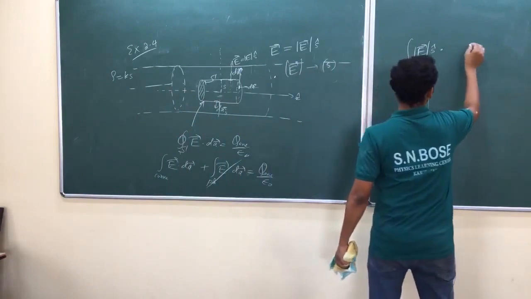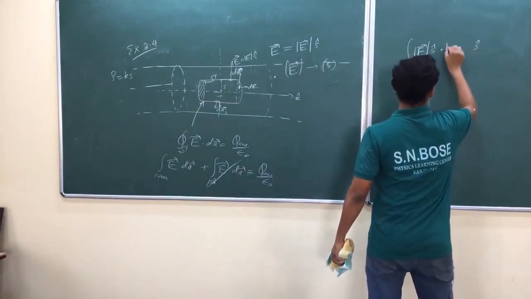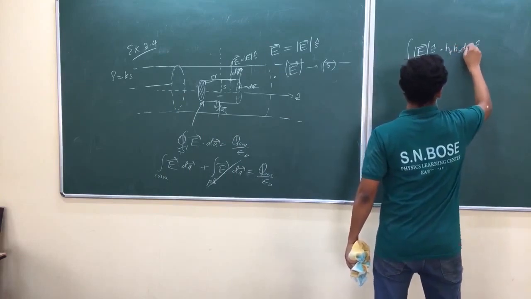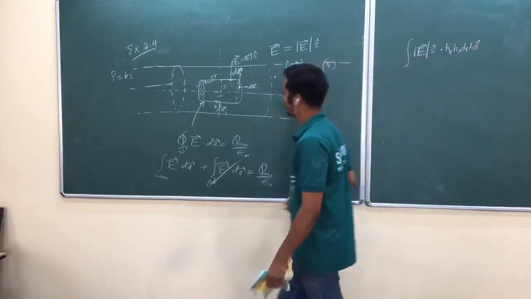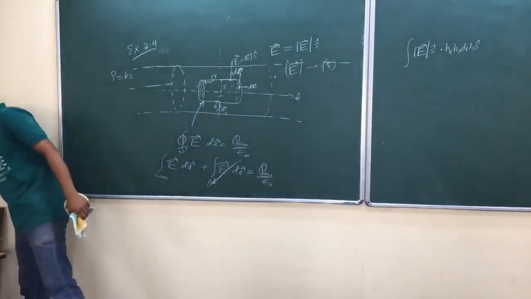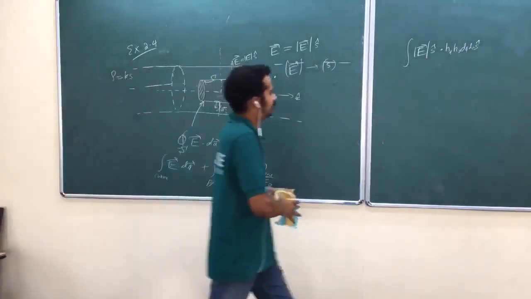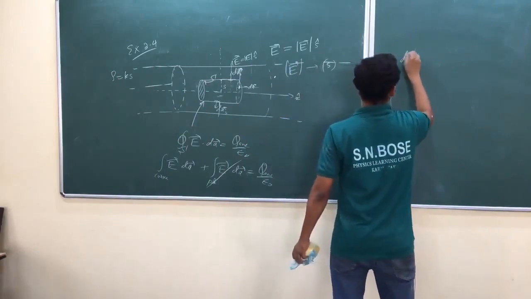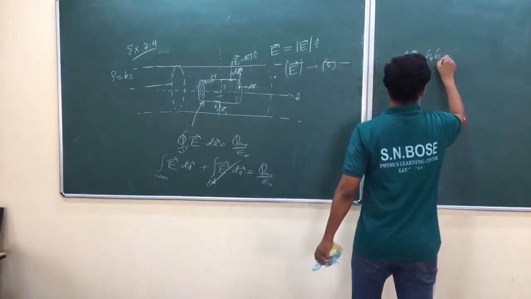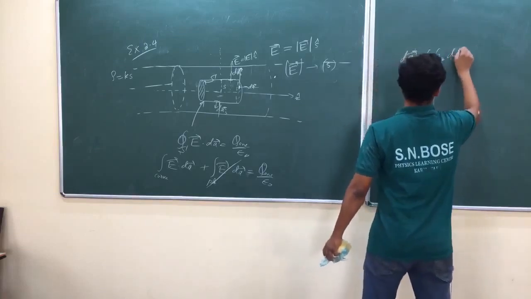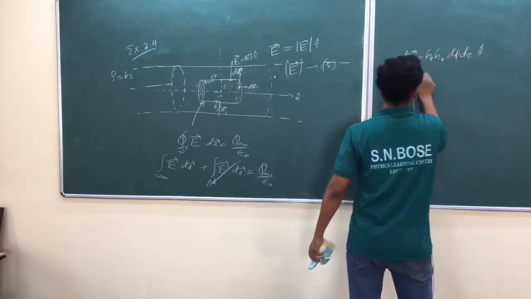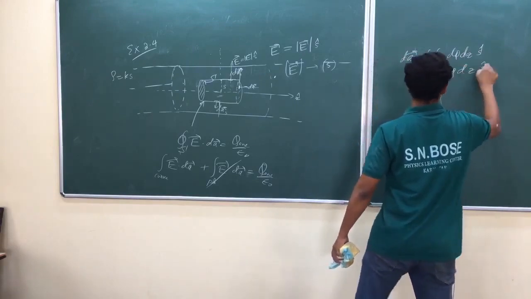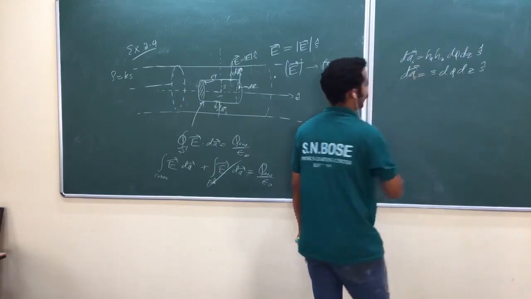So dA is S d phi dz, and dA vector is S d phi dz along S cap. Check it out.